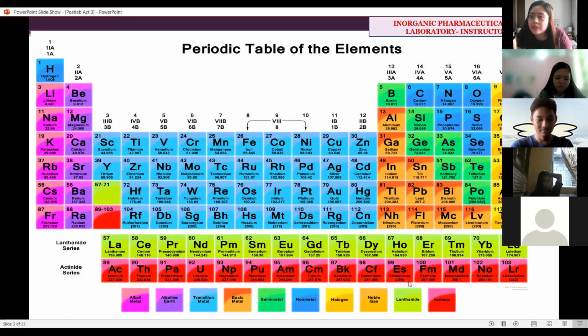For example, in an old periodic table, at the bottom, from 110 to 118, you would see UUQ, UUB, UUN. That is an old periodic table because nowadays, starting 2016, the elements are complete up to the 118th. So this is now the modern periodic table that we have.